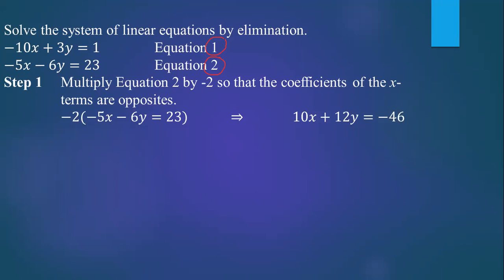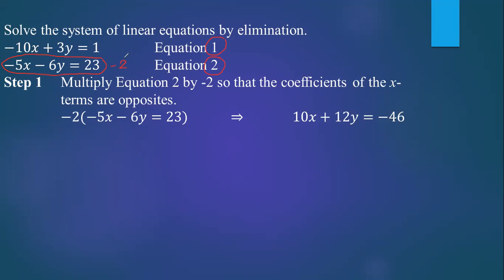Now take note, when we multiply all the terms, that means we are using this equation. So that we can eliminate x, we multiply this one by negative 2.